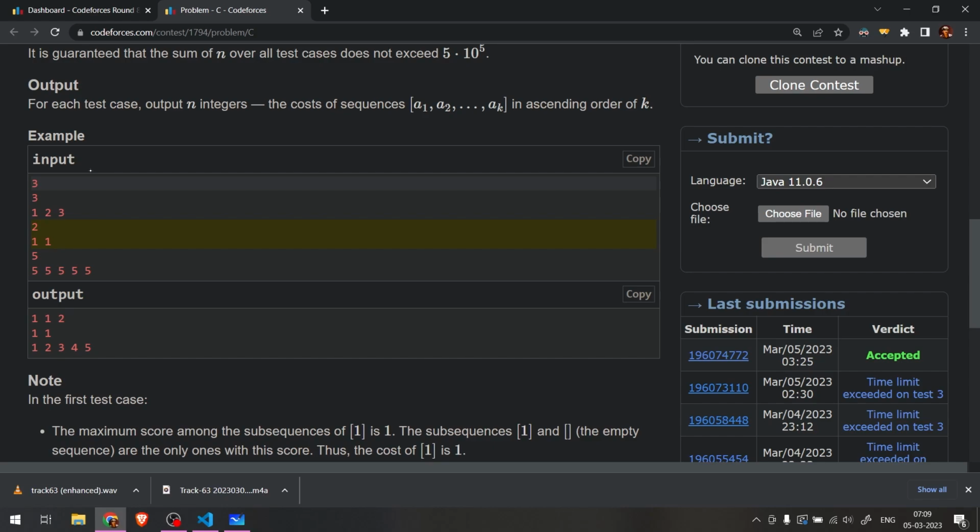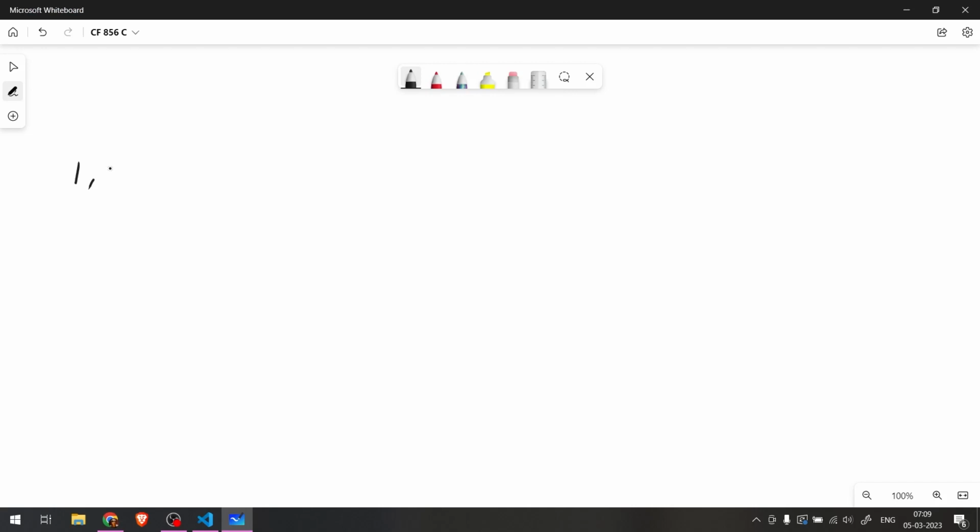So let's take the example 1, 2 and 3. The first prefix is the number 1 itself. So what is the maximum score that can be achieved? 1 divided by 1. For the second prefix, there are two options, or rather three options.